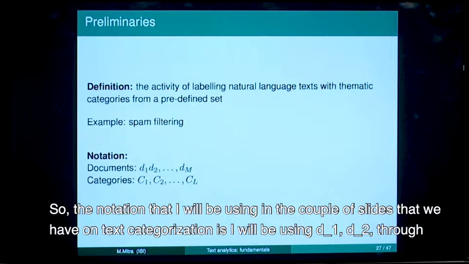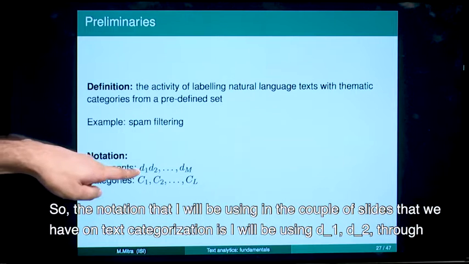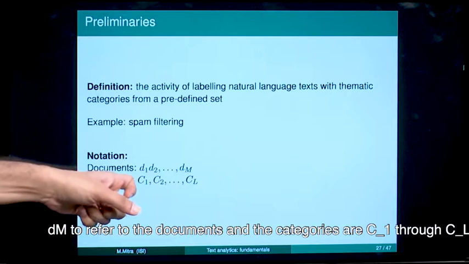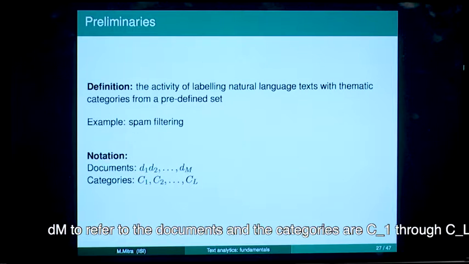The notation that I will be using in the couple of slides that we have on text categorization is, I will be using D1, D2 through DM to refer to the documents, and the categories are capital C1 through capital CL.